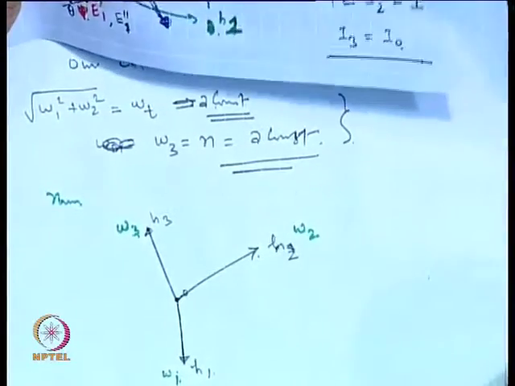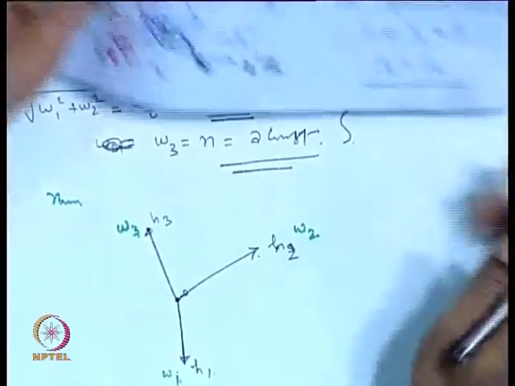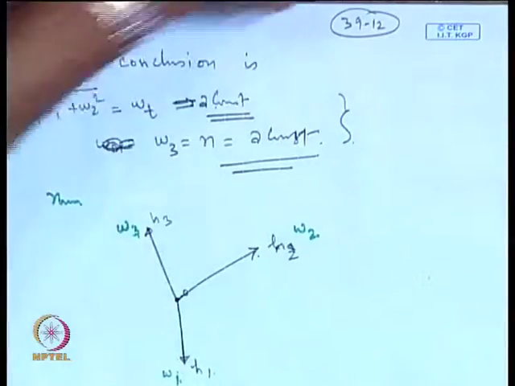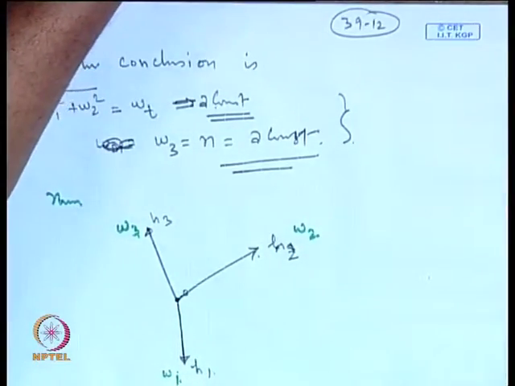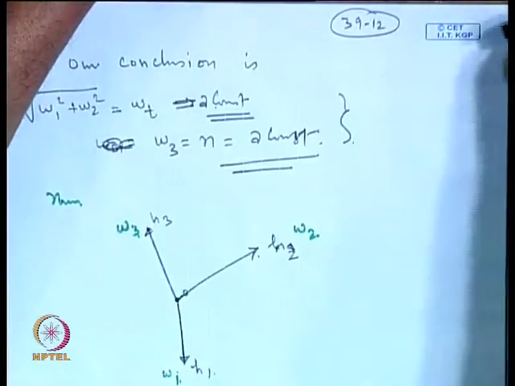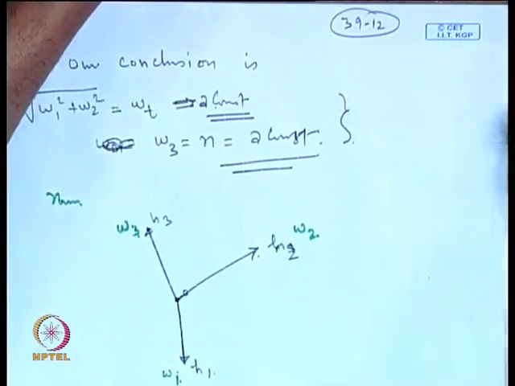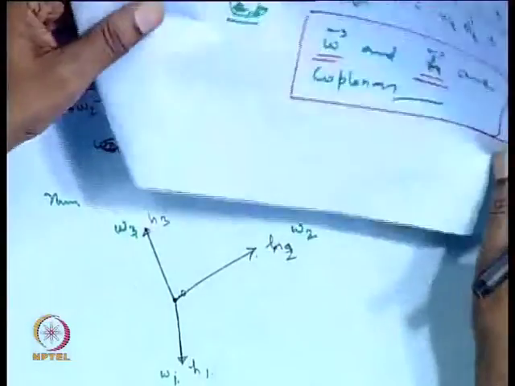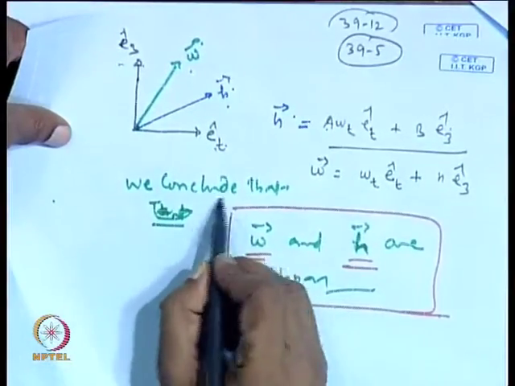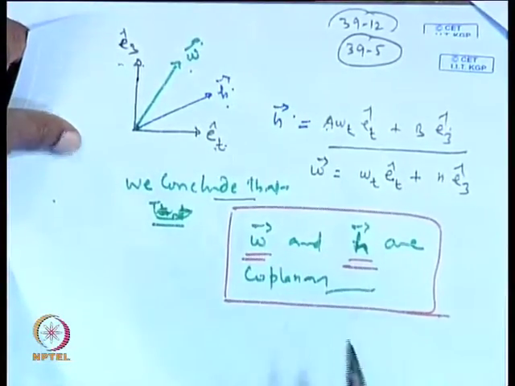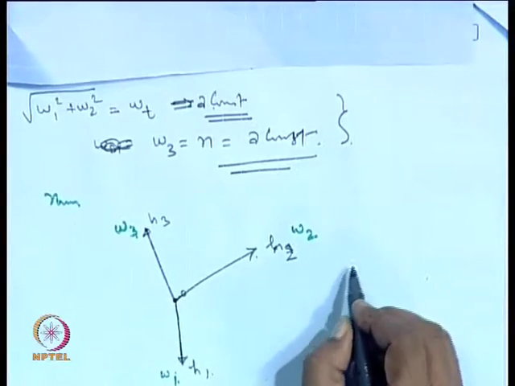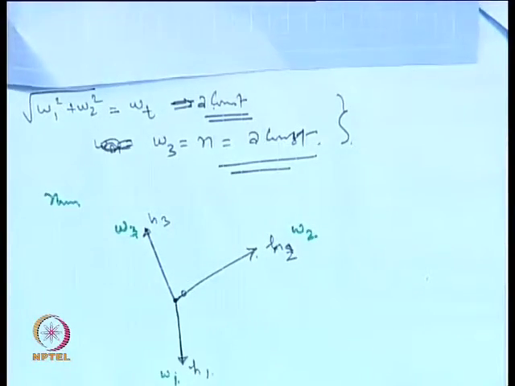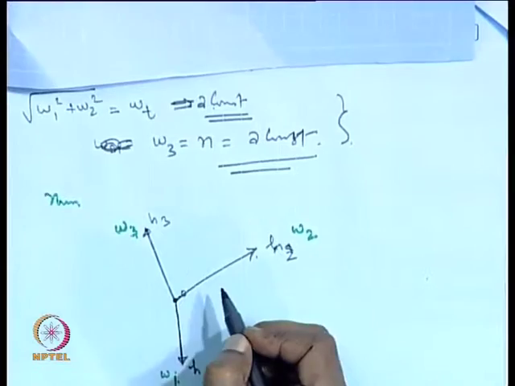Now, what we concluded in our earlier discussion, look into this, what we concluded here. We concluded that omega and h are coplanar. So, we have omega and h. So, omega vector and h vector, they will be coplanar.